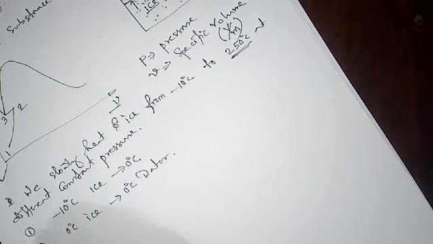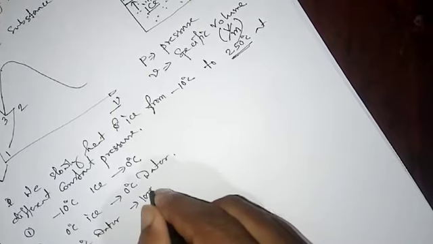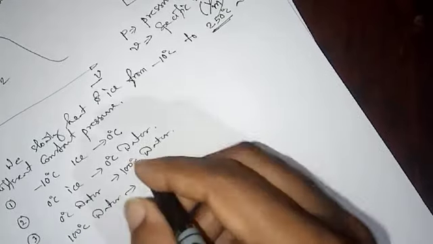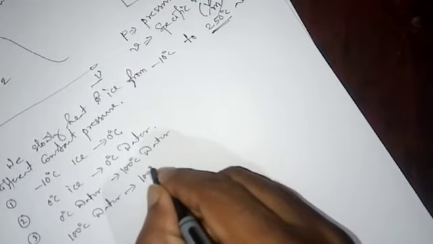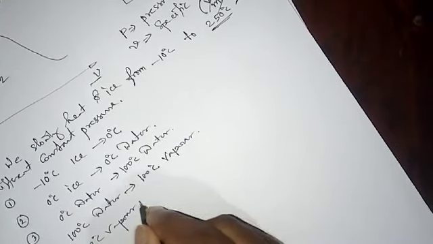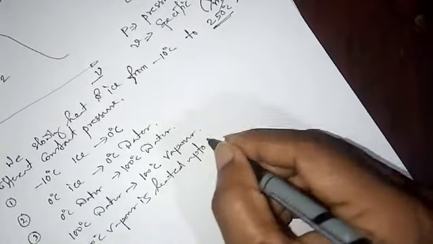In the third case, 0 degrees centigrade water is converted into 100 degrees centigrade water. In the fourth case, 100 degrees centigrade water is converted into 100 degrees centigrade vapor. And in the fifth, 100 degrees centigrade vapor is heated up to 250 degrees centigrade.